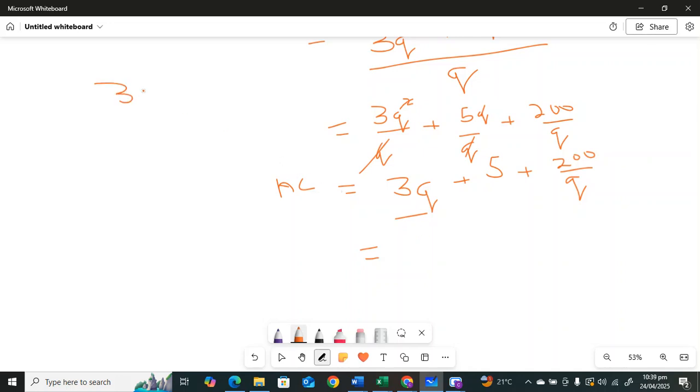The same way you derive 3X. So even this 3Q, when we derive it, we get 3, right? 5, when we derive it, disappears. What about this 200 over Q when we derive? What happens?